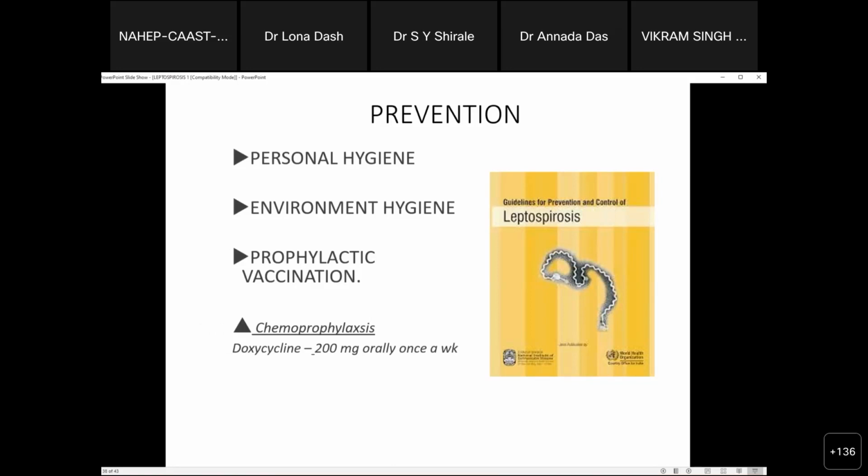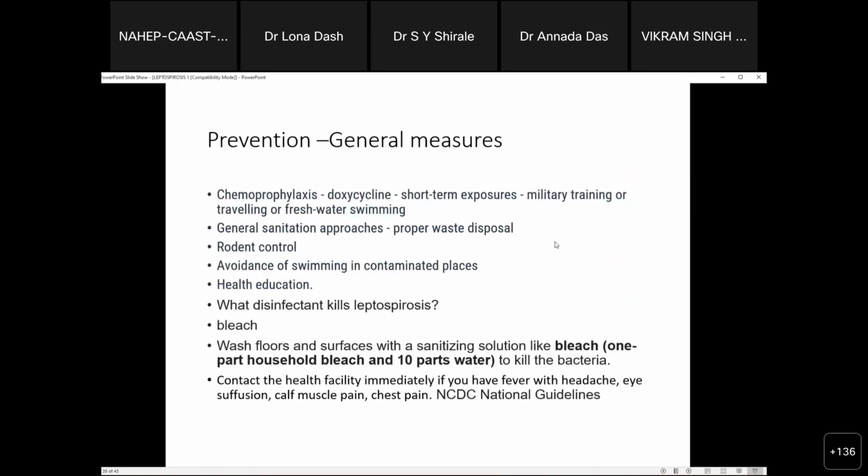The guidelines for prevention and control of leptospirosis, this booklet has been brought out by the World Health Organization, and it lays down the guidelines for prevention. The general measures for prevention include chemoprophylaxis, especially for people who may have short-term exposures like military training or traveling or walking through flooded waters or freshwater swimming.